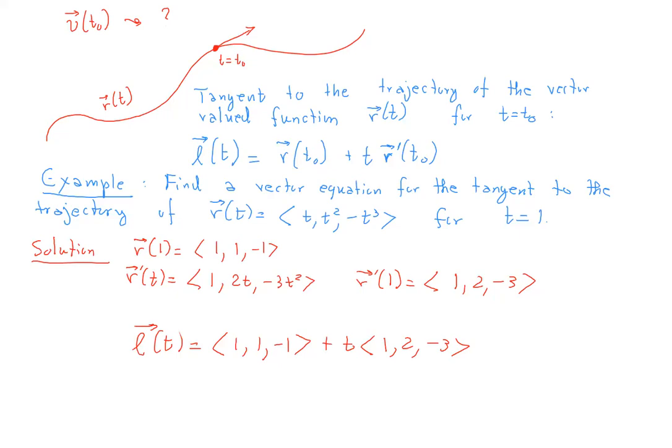There's one more thing that we should say here, and that is that to any motion, we can associate the unit tangent. The unit tangent is simply the normalization of the velocity.